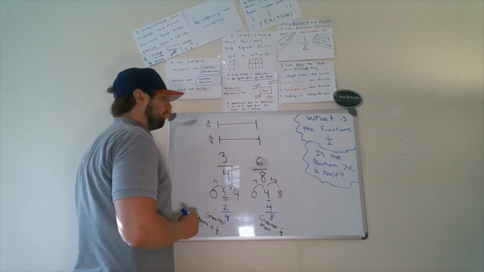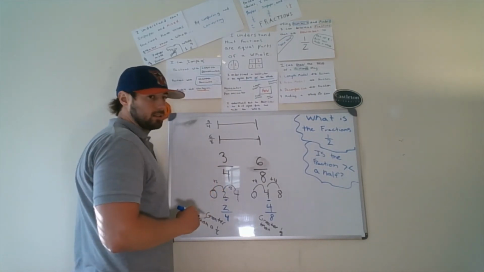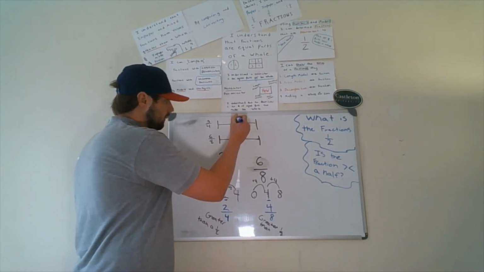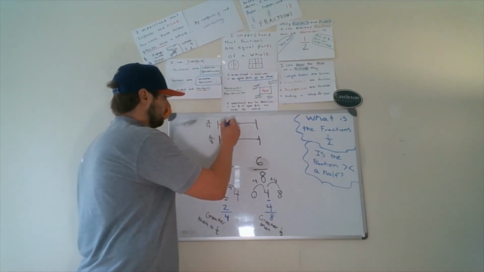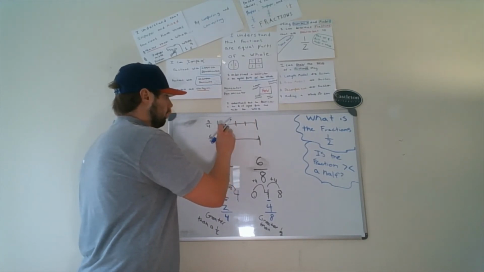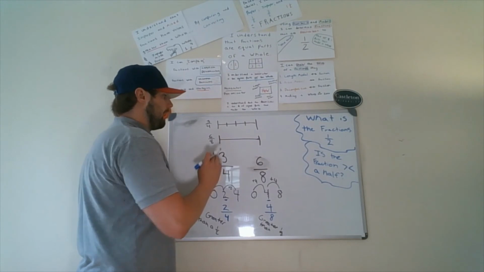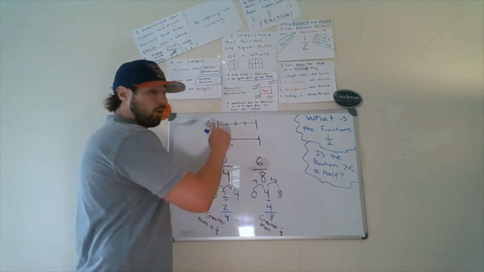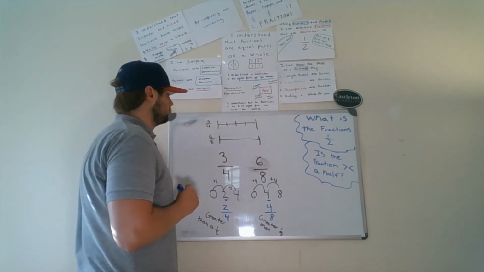Need to plot 3/4. I have 4 parts to make the whole. I know 2/4 is exactly half. 1, 2, 3, 4. 4 equal parts. I partitioned this whole into 4ths. Make your whole look like my whole.